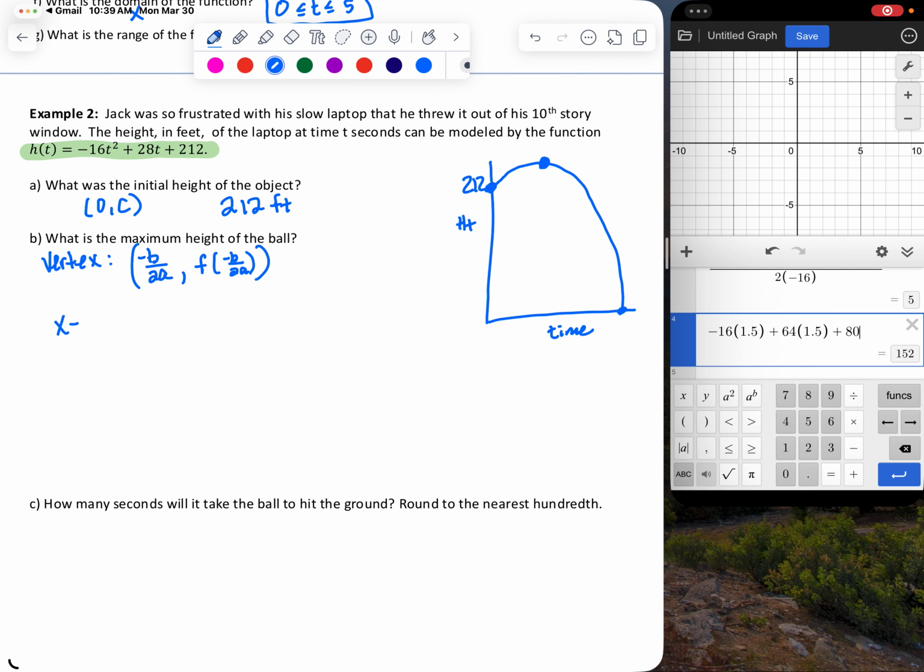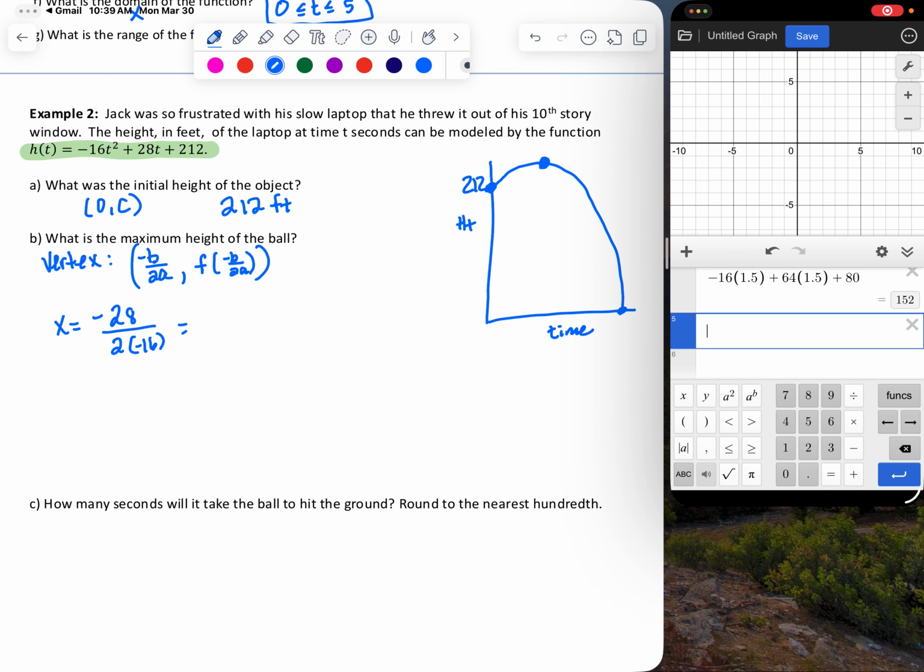So x will equal the opposite of b, which in this case was 28, over 2 times a, which was negative 16. Now let's put that in our calculator. And that gives me, let's see, negative 28 over negative 32. So 0.875. I'm not going to round it right now. So that means my vertex is happening at 0.875 seconds. And we don't know the maximum height yet.